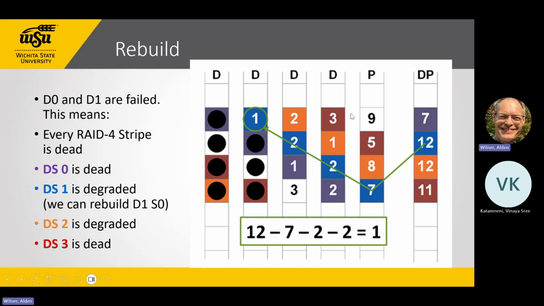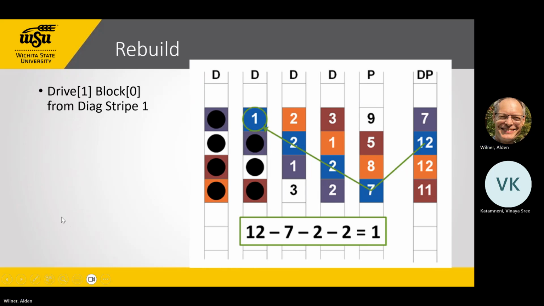Diagonal stripe 3, we see we have 2 holes in there, so we can't rebuild diagonal stripe 3 because it's got 2 missing pieces. So we have to chain our way through the rebuild. We have to start with diagonal stripe 1 and diagonal stripe 2. So we rebuilt that one first, and then we can rebuild drive 0, block 3 from diagonal stripe 2, the orange one.